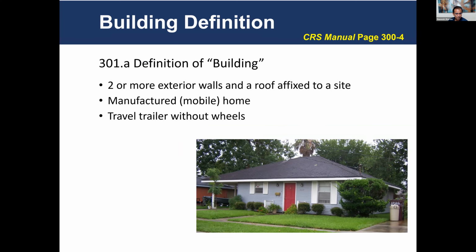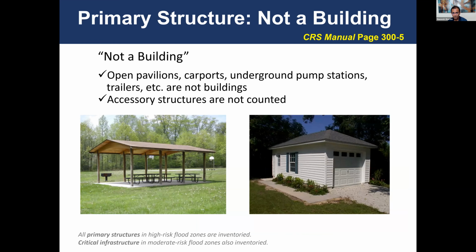Travel trailers are also considered if they are without wheels; if they are on wheels, they are not considered a primary structure. And what is not considered a building? An open pavilion, if there are no two affixed walls to it, or an accessory structure like a standalone car garage. So the thing we focused on was the primary structure. We did not consider these accessory structures as part of the study.